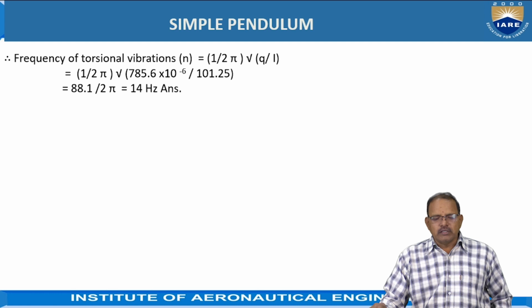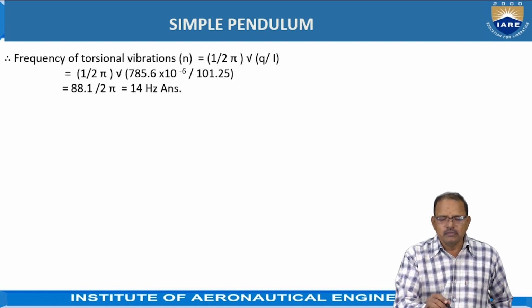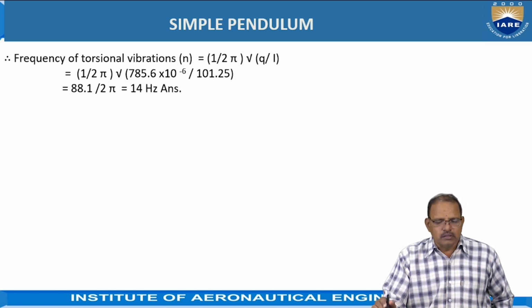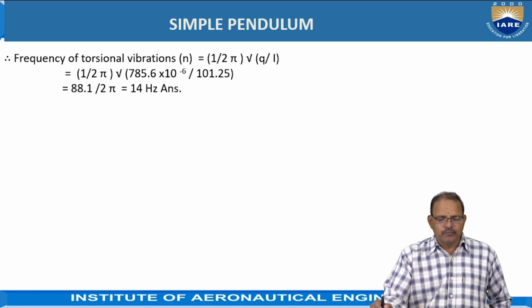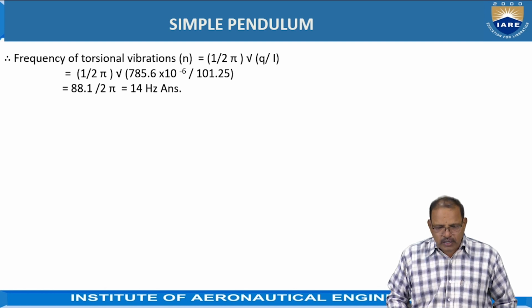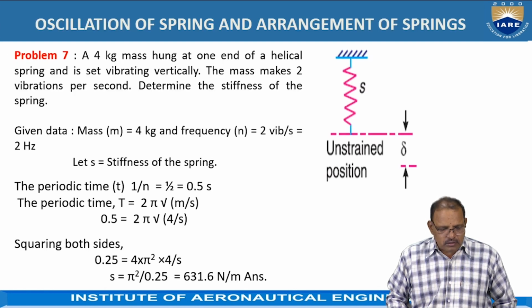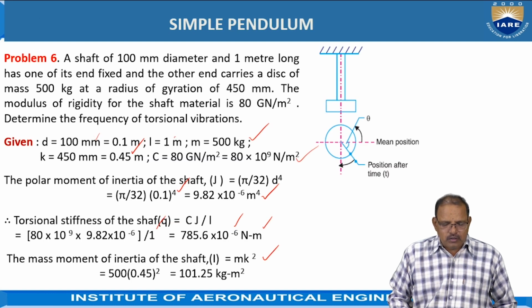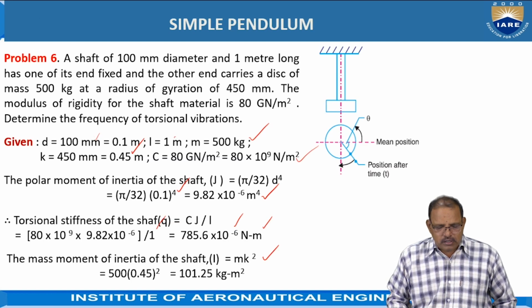The frequency of torsional vibrations is equal to 1 by 2 pi under root of q by I, where q is representing torsional stiffness and I is representing mass moment of inertia.